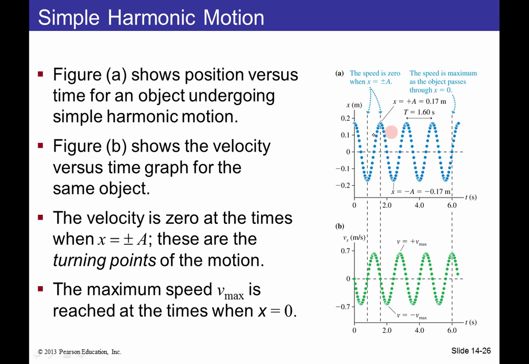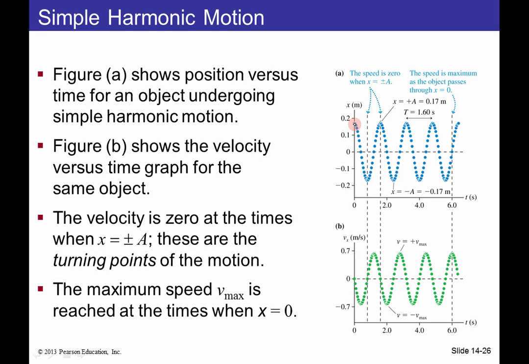So here we have again a plot of position versus time, and down here we have velocity versus time for a harmonic motion. Things to notice: this distance from here to here is the amplitude. The period is the time that it takes to go from here to here. The frequency is the number of cycles per second.